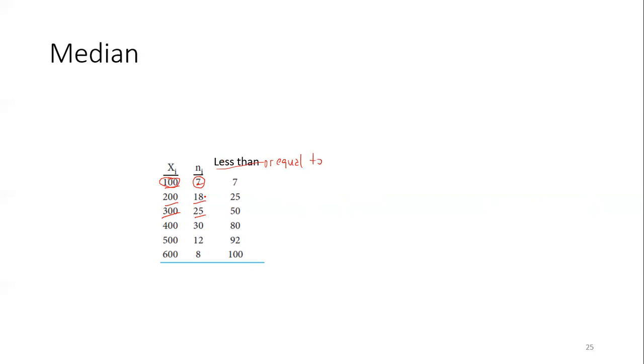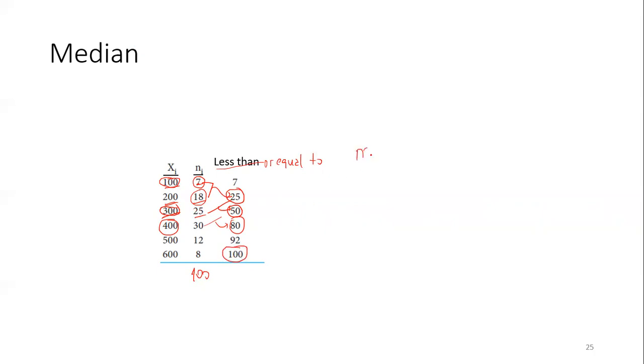And there are 18 items which are equal to 200, and 7 items which are equal to 100. So there are 25, 7 plus 18, 25 items which are less than or equal to 200, right? And 25 plus 25, there are 50 items which are less than or equal to 300. And there are 80 items which are less than or equal to 400, and so on and so forth. Okay. So there are totally 100 items there.